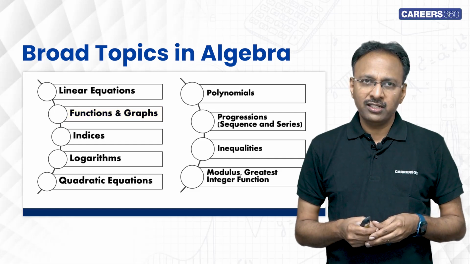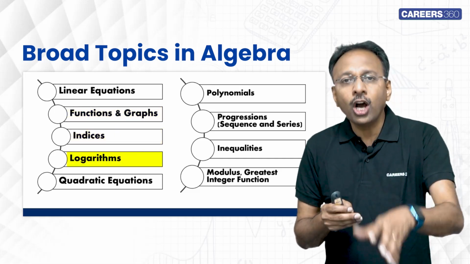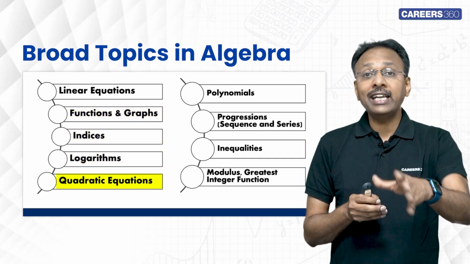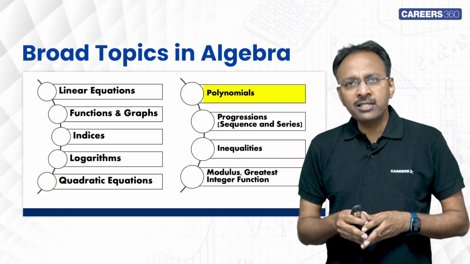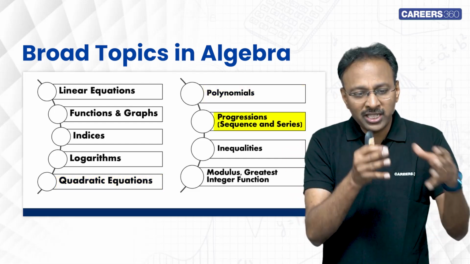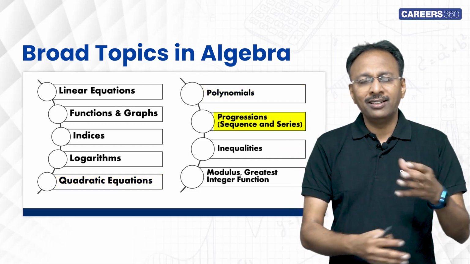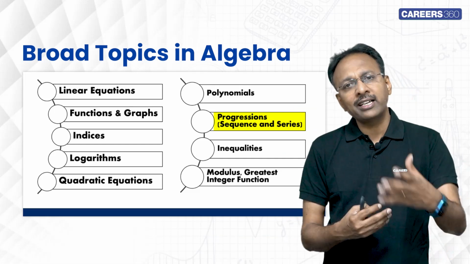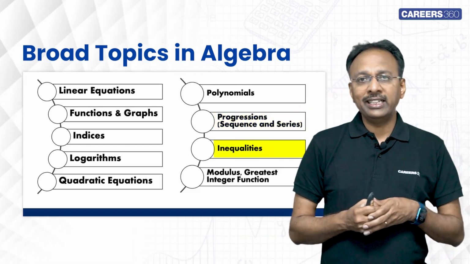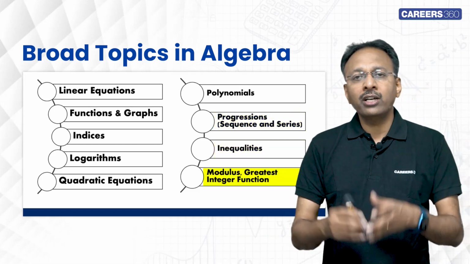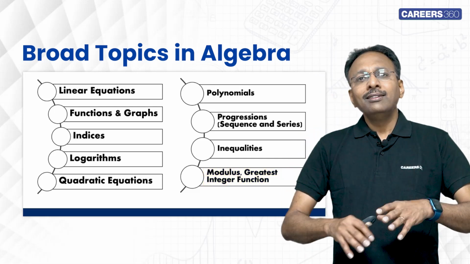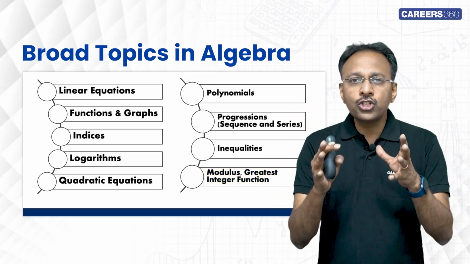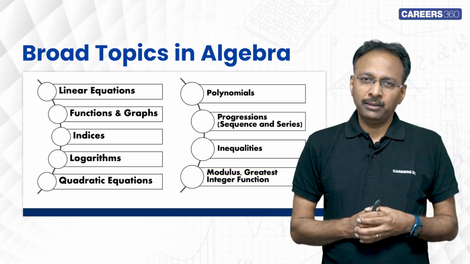Functions and graphs, indices and logarithms, quadratic equations, polynomials of course, progressions, sequences and series, you know, the arithmetic progression, geometric progression, that kind of questions. Inequalities, and lastly the modulus or the greatest integer function. This is what constitutes your algebra.